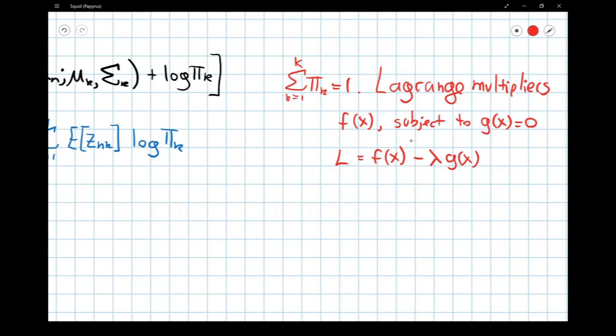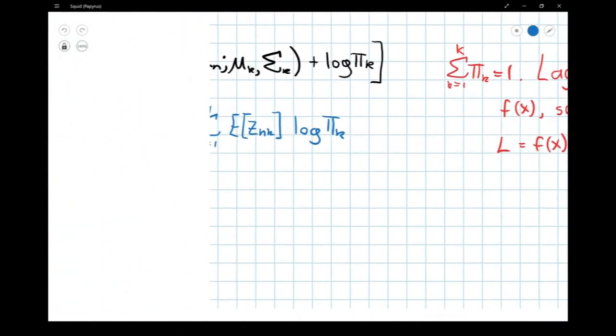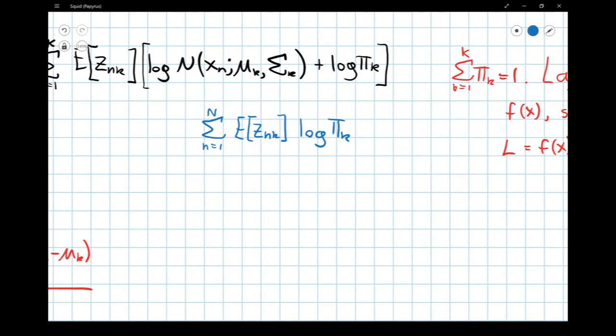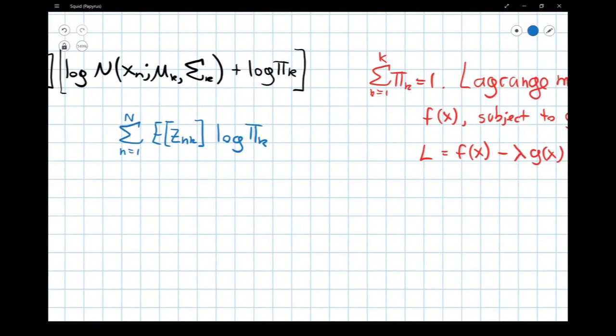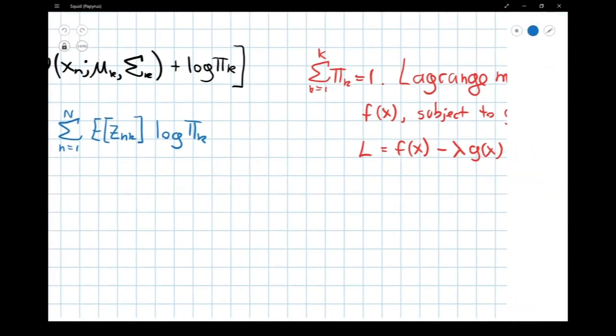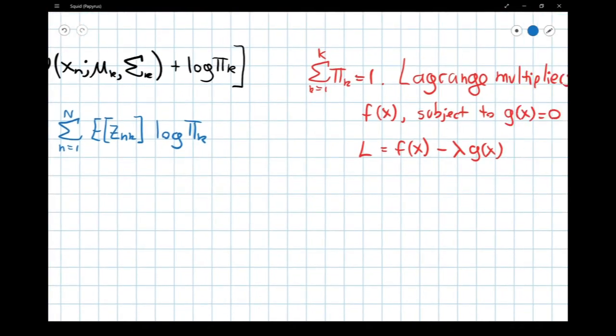Again, we won't go on to prove that in this particular video. In this case, we want to minimize this term, but it's subject to the constraint that the summation over k of pi k minus 1 is equal to 0. So that it looks like this constraint here.